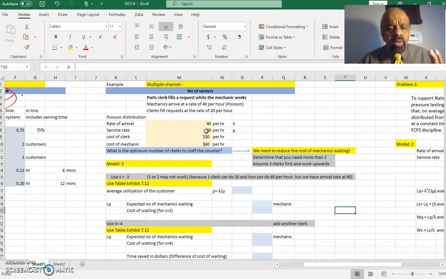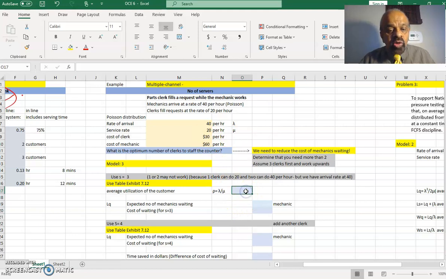The arrival rate is 40, and the service rate is 2 times 20, which is 40, which is exactly equal. And this is an average, so it may not be the correct number of clerks. You need more clerks, so you need at least 3. So I'm going to start with 3. That is the argument that you need to understand, so go through this video again to see what I did. So 3 is the minimum.